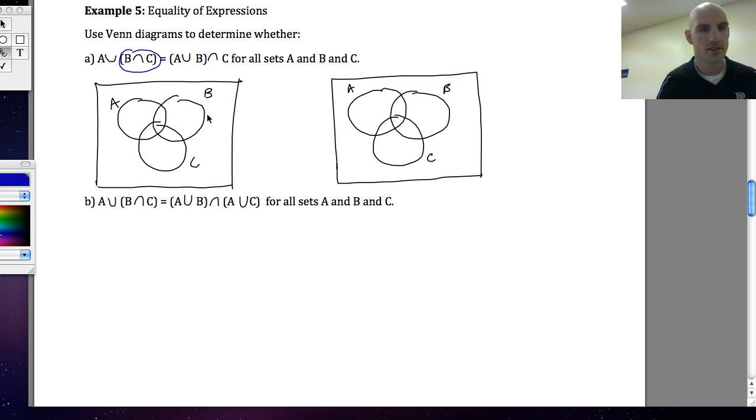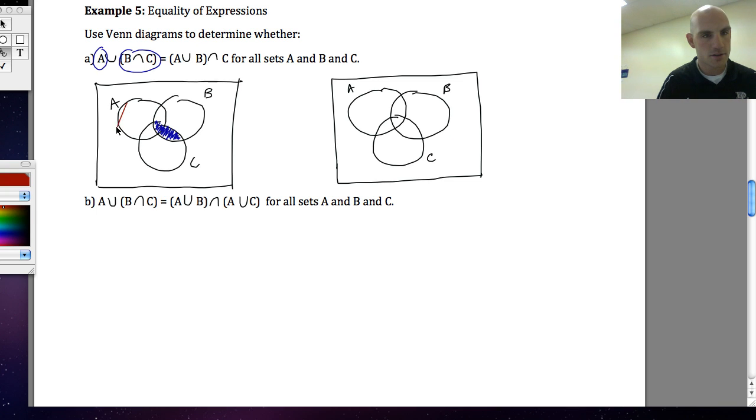So B intersect C is going to be the part between B and C. It's just that little part that's shared between B and C. And the union of that with A is everything in A and everything in this part.